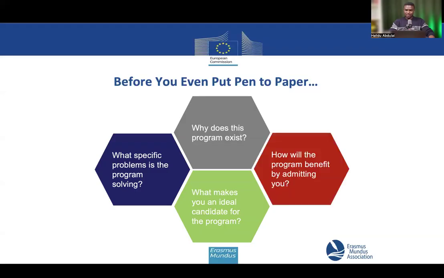And last but not least, how will the program benefit by admitting you? Let me state this one clearly, because like I said moments ago, we are living in a resource-oriented world. In fact, nothing is given out for free. It's a give and take affair. So if somebody is recruiting you, paying you a monthly stipend, taking on all the costs associated with recruiting you to the program, then they should be getting some sort of benefit.